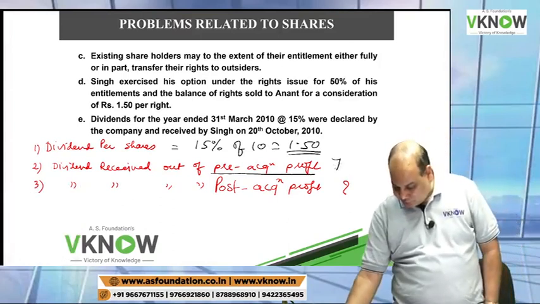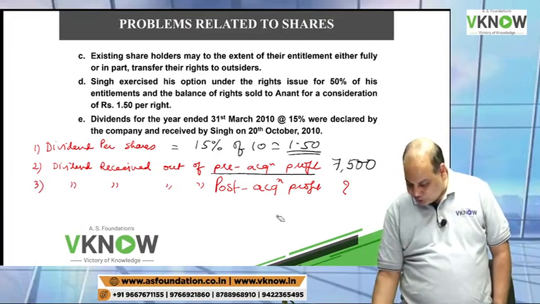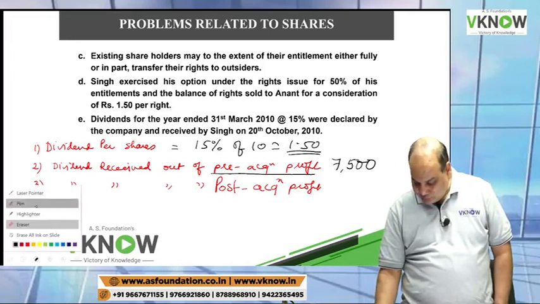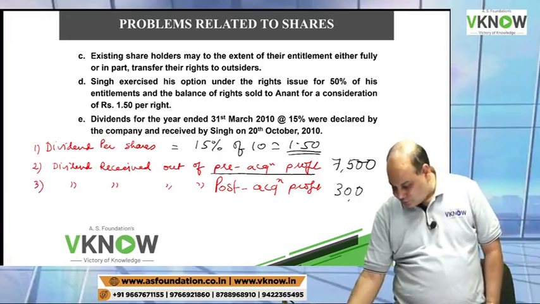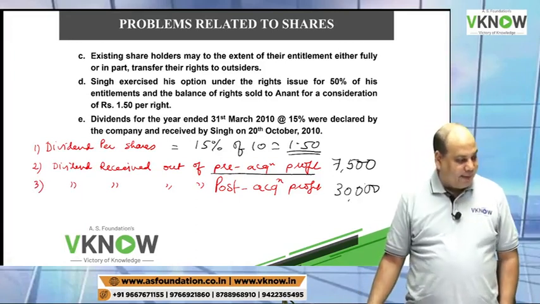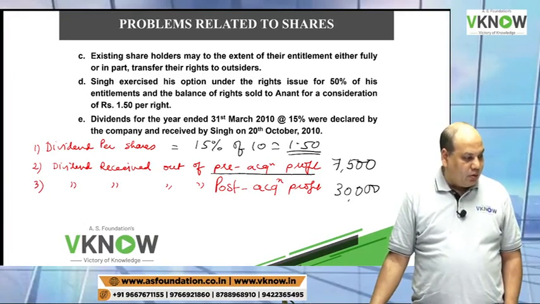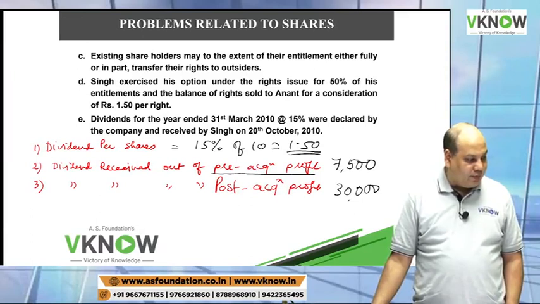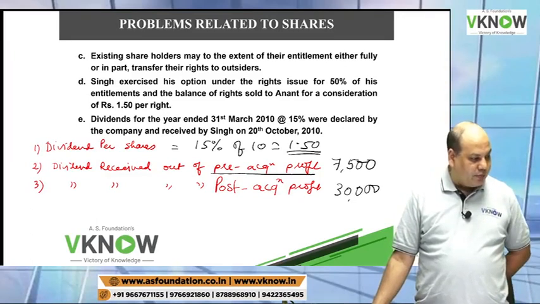Kunal is saying 7500. And dividend out of post-acquisition, student is saying 30,000. Okay. So most of you seem to have got it right. Dhruv Tiwari also. Falak Mehta, Pawar, you are right.